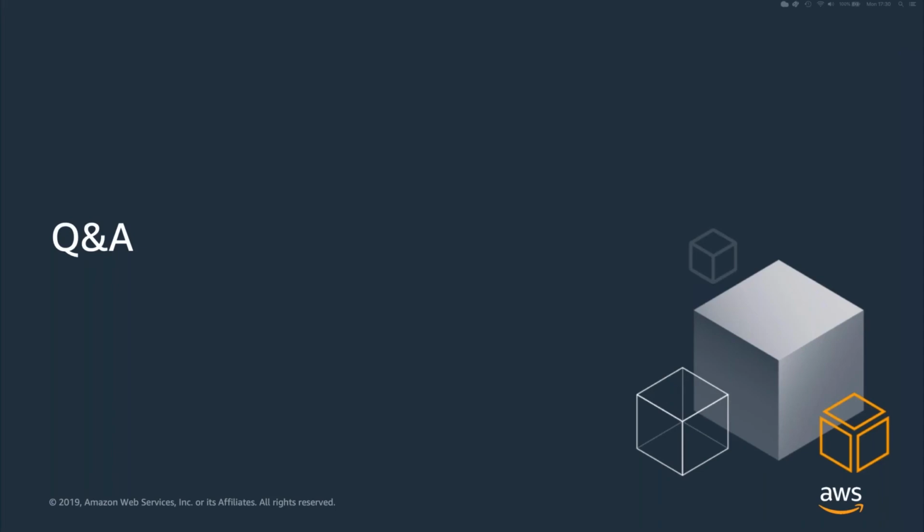But before we take a couple of questions, I want to share with you two interesting, important resources that are available as white papers. The first one that I really recommend is called AWS Best Practices for DDoS Resiliency. It talks about how you can use different AWS services to improve your security posture in the face of DDoS attacks.